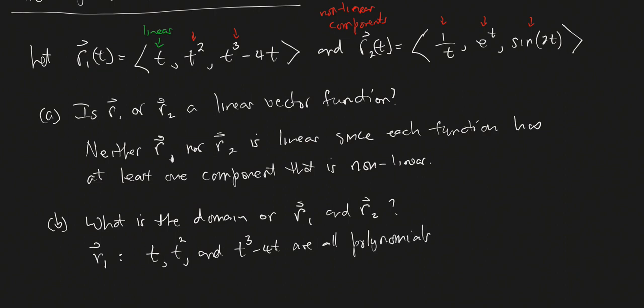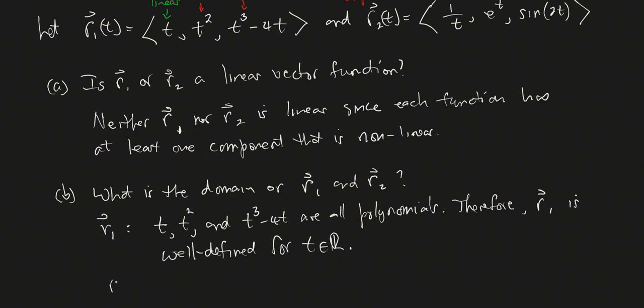That means, and we know that polynomials are defined for all values of the variable, in this case t. So all components are polynomials. Therefore, R1 is well defined for all real values of t. So the domain of R1 is all real values of t.